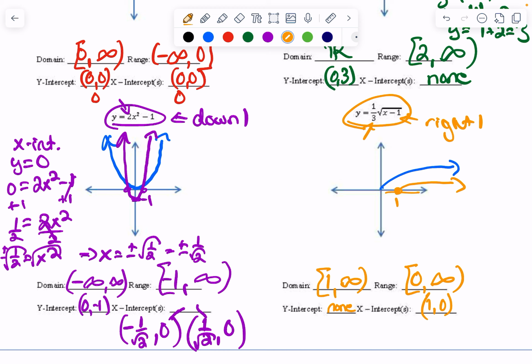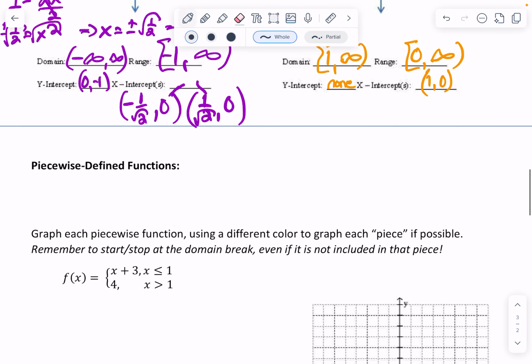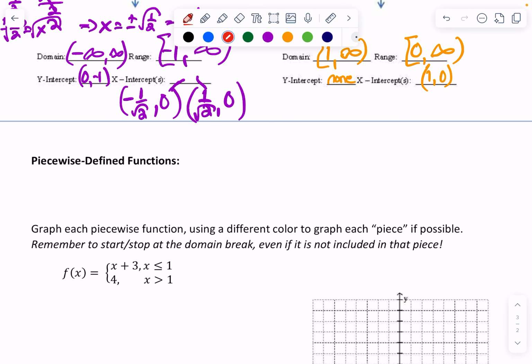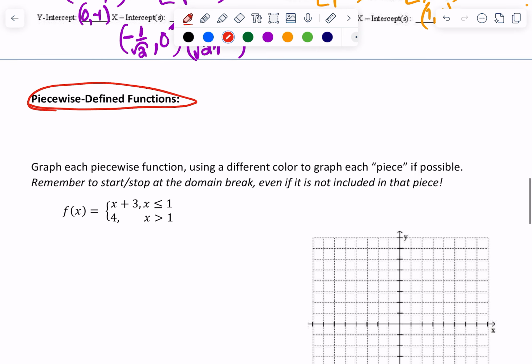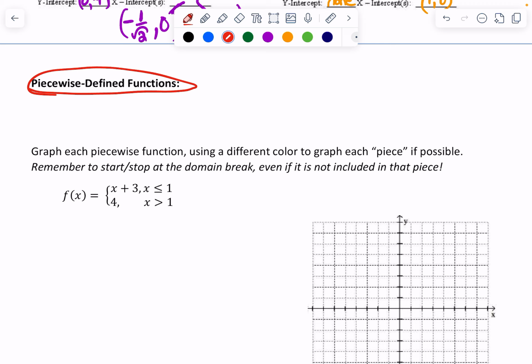Okay, let's move on to look at piecewise defined functions. A piecewise defined function, just like the name kind of says, piecewise, is a function with a multi-part rule.